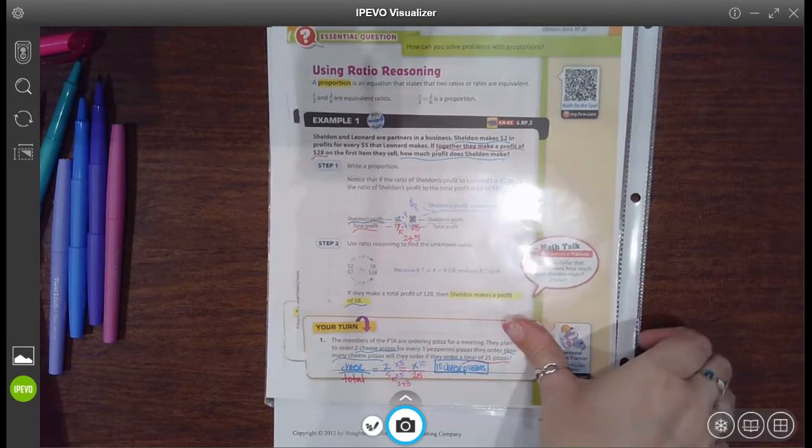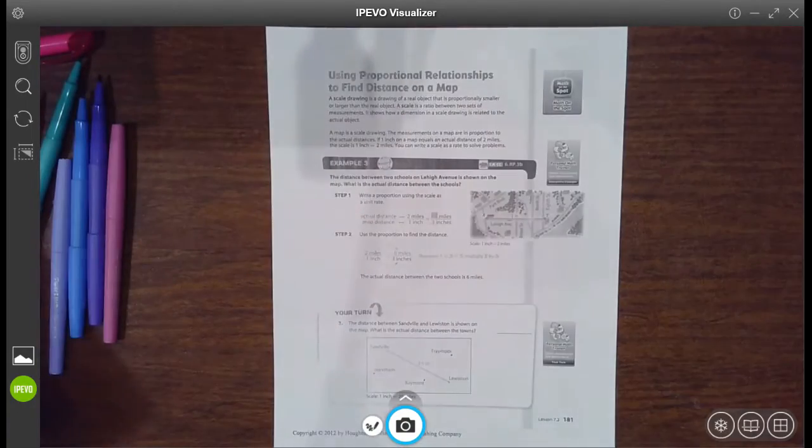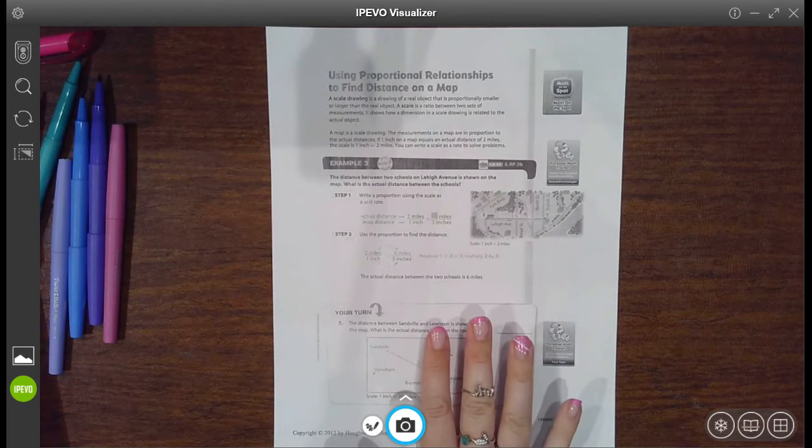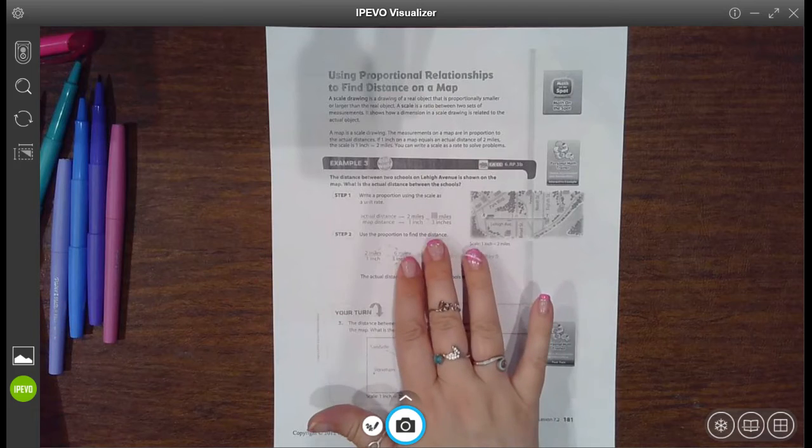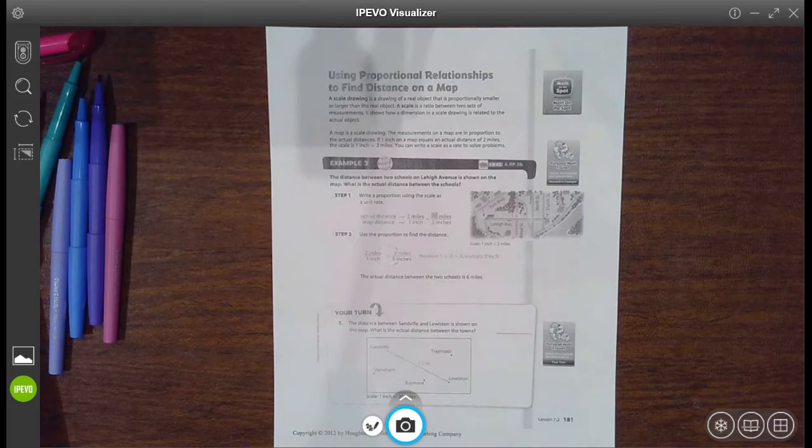Okay, let's go ahead and try some more of these. So if you turn the page, let's go ahead and look at this one right here. Now, the most common thing we like to do with proportions is use it to represent maps, because we obviously can't make a map be the actual size that something is.